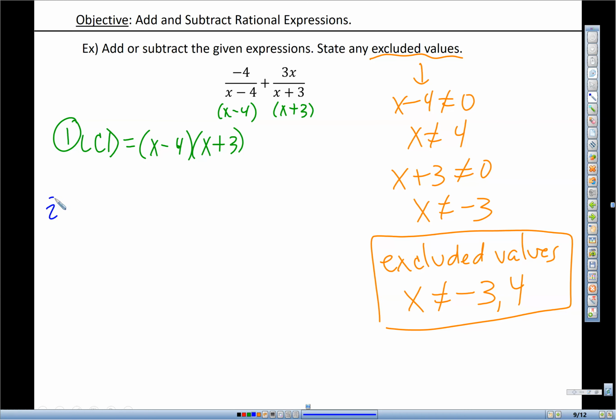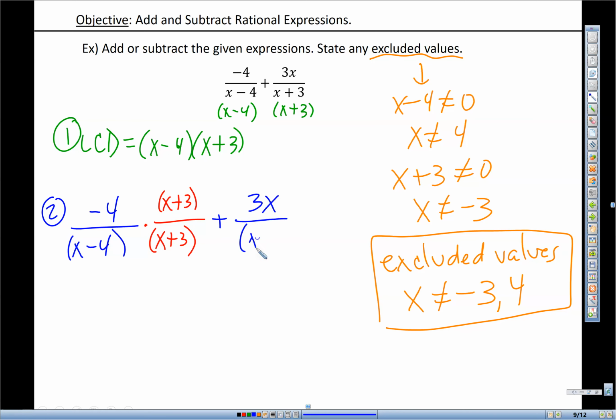So now I'm going to take my first ratio, and it needs a ratio of 1 multiplied by it that involves the x plus 3, which we need. Then I have my second ratio, and I'm going to multiply it by the ratio of 1 created using the factor of x minus 4, which is what this denominator needs.